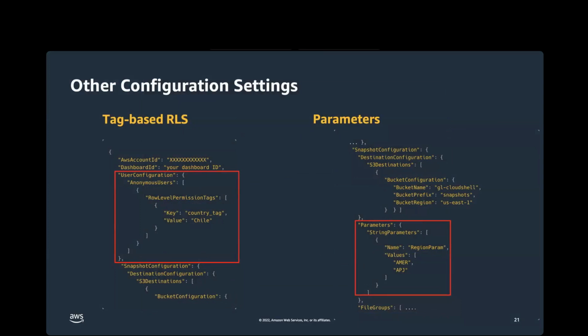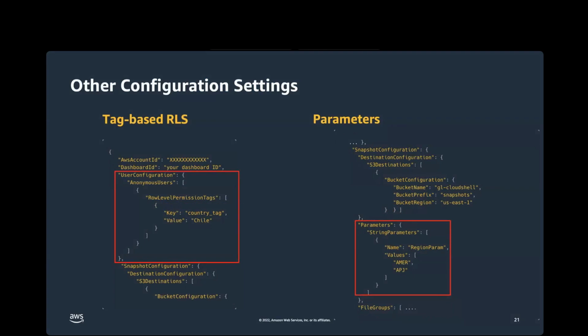At the time of this writing, the Snapshot API supports anonymous users only. As such, it supports using row-level security with tag-based rules to restrict access to a dataset when embedding dashboards for anonymous users. After you have tag-based RLS active on a dataset, you can pass them to the Snapshot API by editing the user configuration section, as you can see here on the left side of the screen.